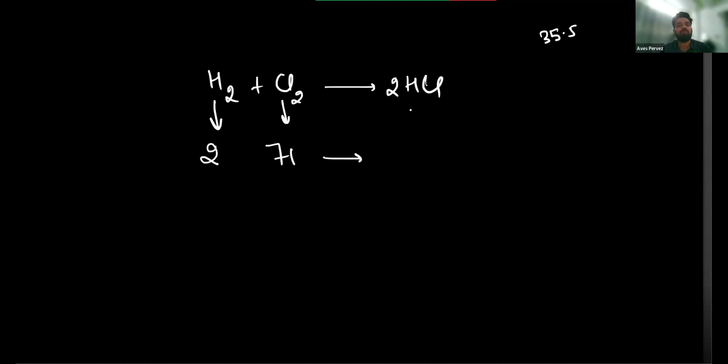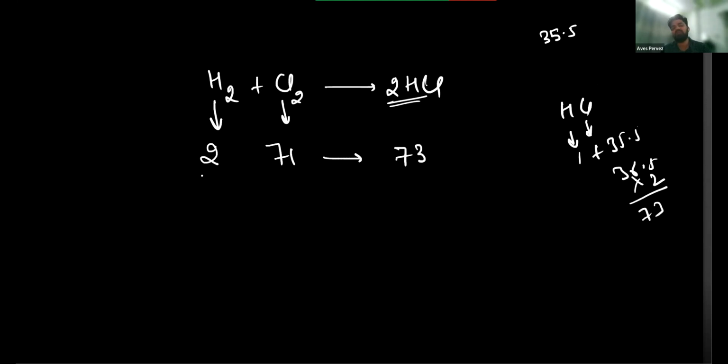They will form two molecules of HCl, which would give you 73 grams of HCl. HCl has 1 mass of hydrogen and 35.5 mass of chlorine, so it is 36.5. Because they are two, 36.5 multiplied by 2 gives 73.